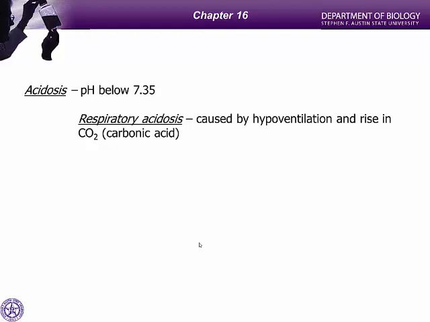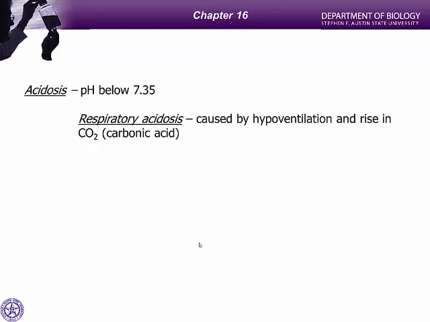And if that acidosis is caused by hypoventilation, then we are going to have increased CO2, which is hypercapnia, and that results in respiratory acidosis. Do you see how the three relate to each other? And I cautioned you when we talked about CO2 before in a blood unit, pay attention to the question.